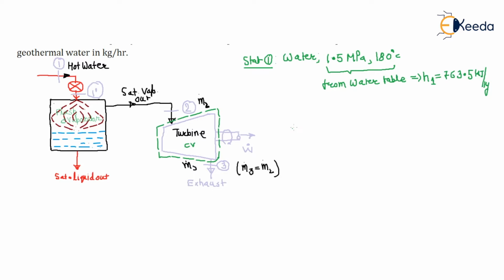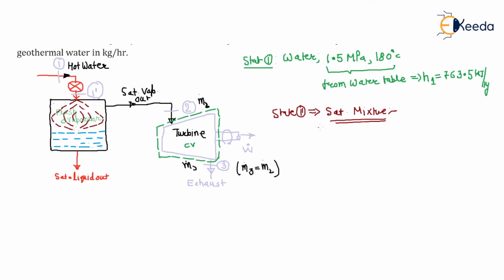Now, what is state 1 dash? This is the two-phase saturated mixture, that means two phase.